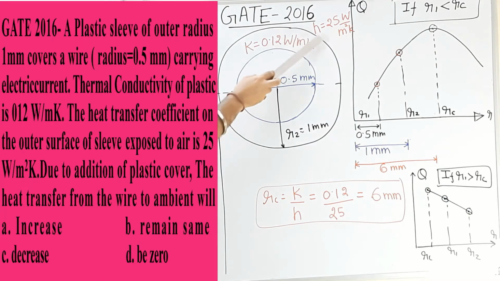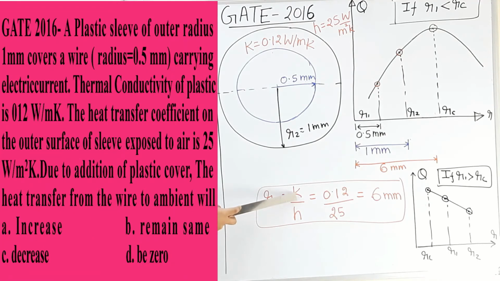The heat transfer coefficient on the outer surface of the sleeve exposed to the air is 25 watts per meter square Kelvin. Due to addition of the plastic cover, the heat transfer from the wire to ambient air will: A increase, B remain same, C decrease, D be 0.